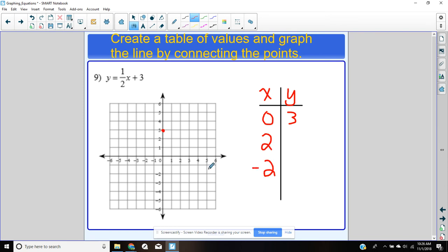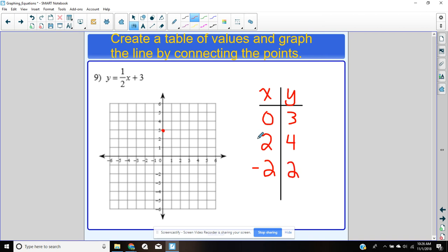You do not have to choose these, but for this example, I'd like you to try. 1/2 of 2 is 1, and 1 plus 3 is 4. 1/2 of -2 is -1, and -1 plus 3 is +2.